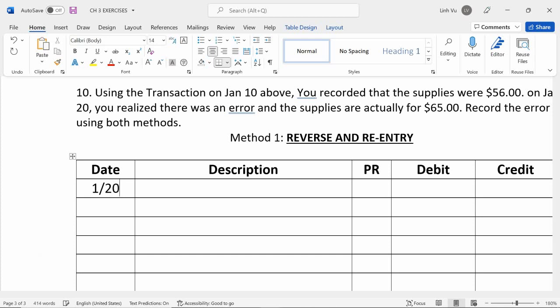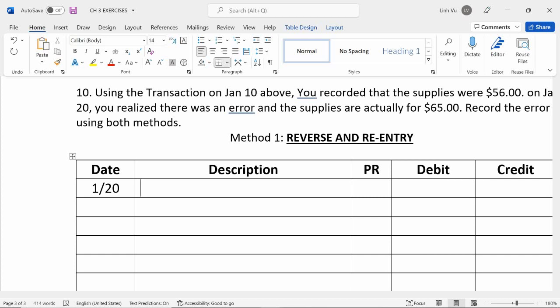So right now it's January 20. January 10, I wrote the wrong entry. I put in that I have $56. Now, January 20th, I realized I made a mistake. Now I need to fix it. How do I use the reverse and reentry method?